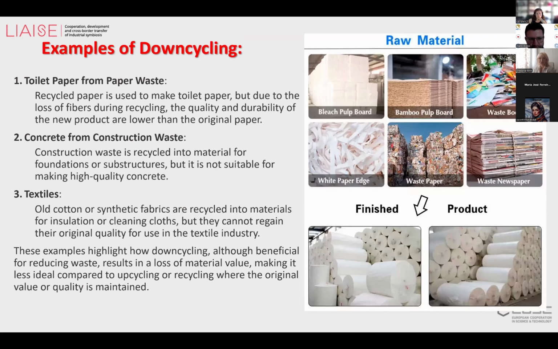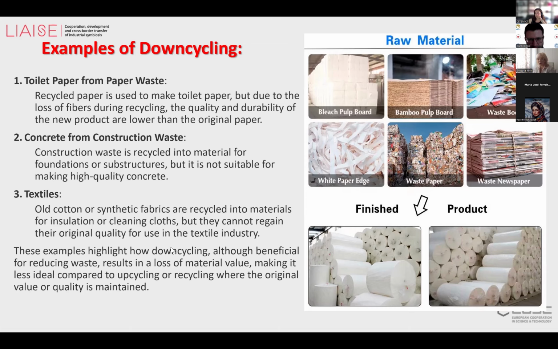Here you can see several examples of downcycling: recycled paper is used to make toilet paper, but due to the loss of fibers, the quality and durability are lower. And construction waste is recycled into material for foundations or structures, but it is not suitable for making high quality concrete.